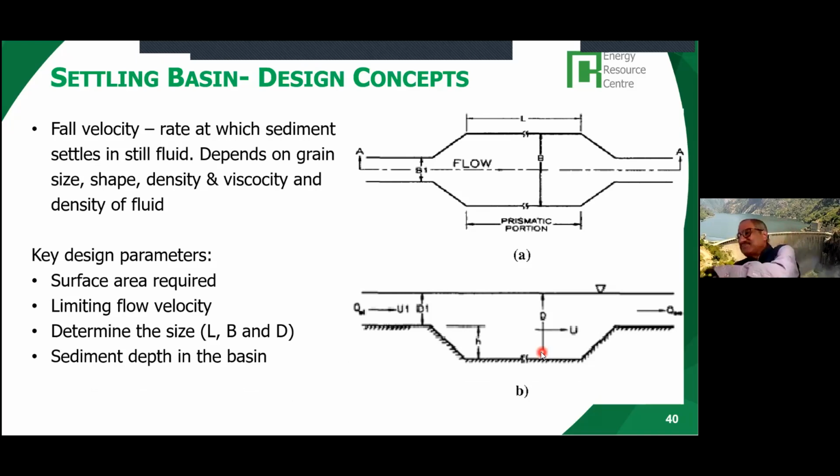So this is basically a very simple settling basin conceptual design. During the exercise, I have some Excel sheet programs which will help you define these L, B, D factors for different flow rates and different sediment sizes, and we will practice this later.